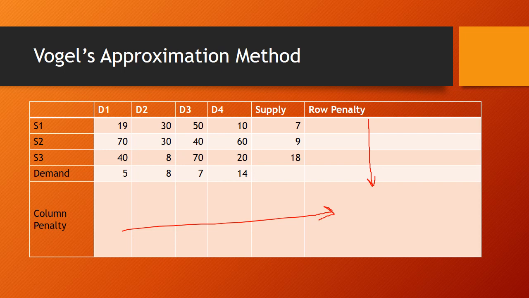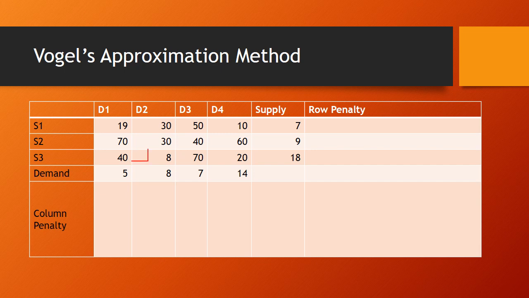So what is the difference between Vogel's approximation method and the other two methods? The difference is in choosing the cell in which you will do the operation. For example, in the northwest corner method we always choose the cell in the northwest corner. In the least cost method we chose the cell which was the least.